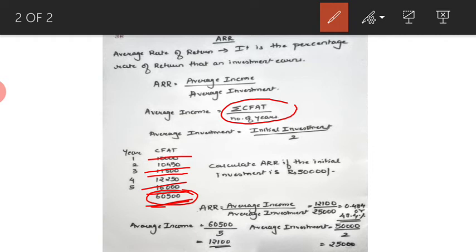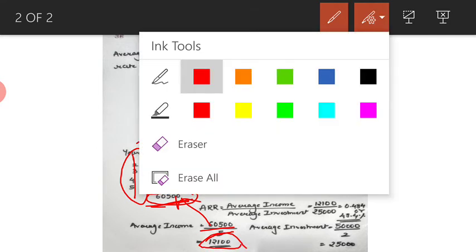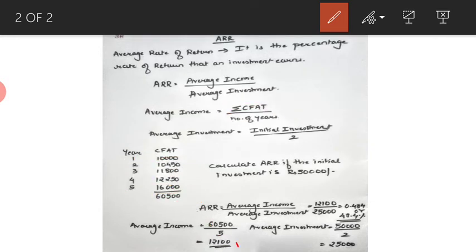So average income is 60,500 divided by 5 years, which gives you 12,100.